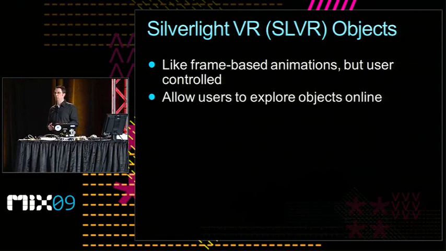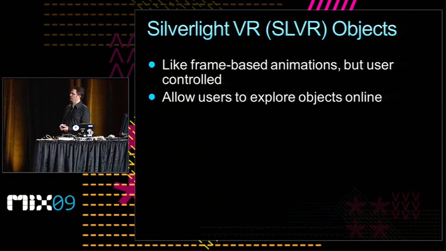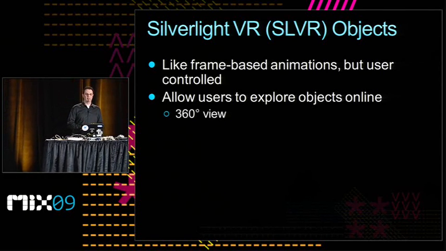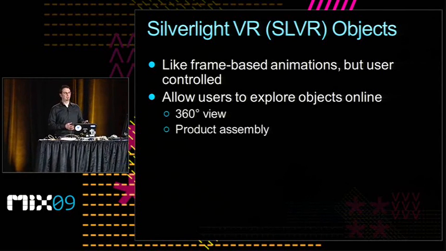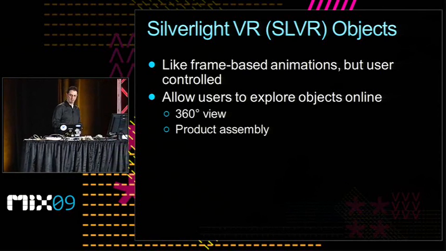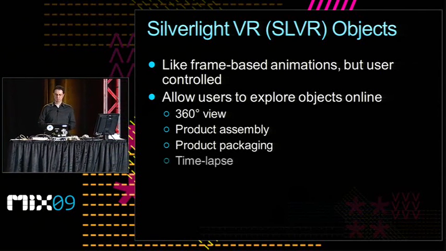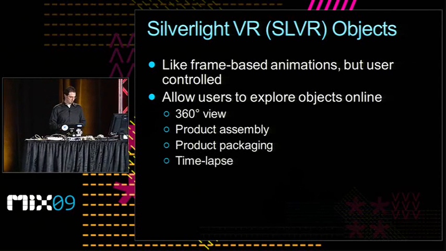And they really give you a way to allow your users to explore objects online. You could do this through a 360-degree view. I've seen interesting product assemblies done with VR, innovative product packaging, or time-lapse photography.